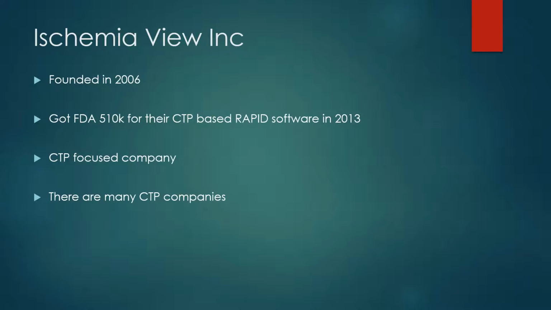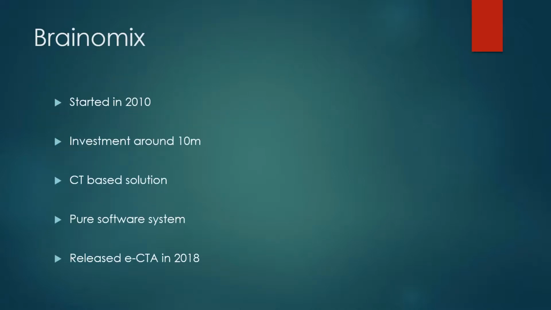Another one is basically a CTP company, but they're moving toward our territory, which is CTA, CT angiogram. But they're working slowly. There are also many other CTP companies like SchemaView, but SchemaView is maybe the biggest competitor these days.